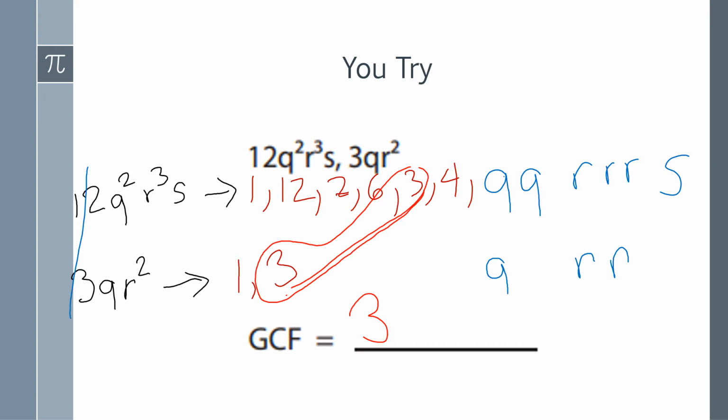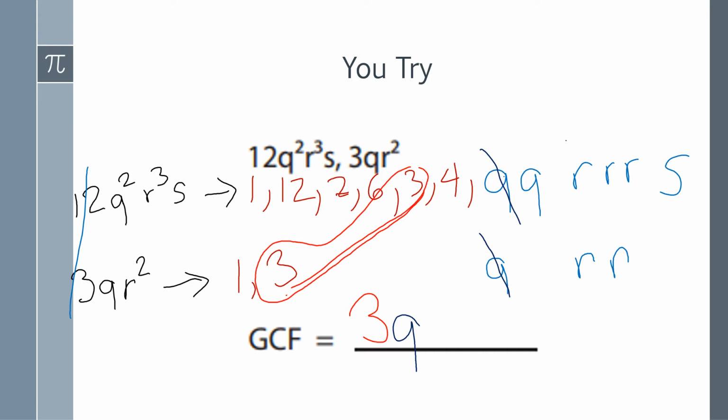So let's just look over here with your variables now. See how I lined up the 12 and then the 3? The 12 and the 3 have at least one Q apiece. How many R's do they both have?